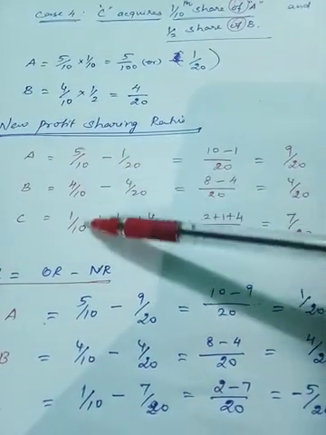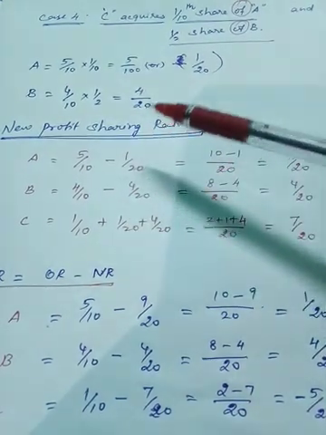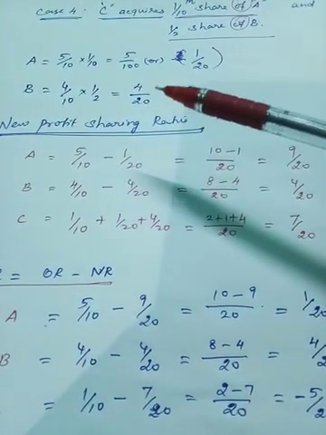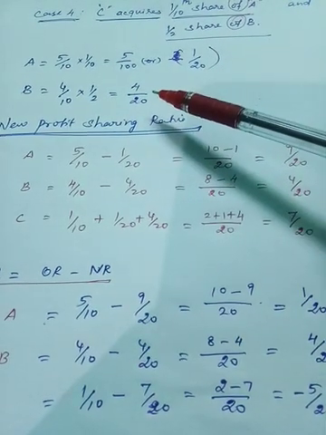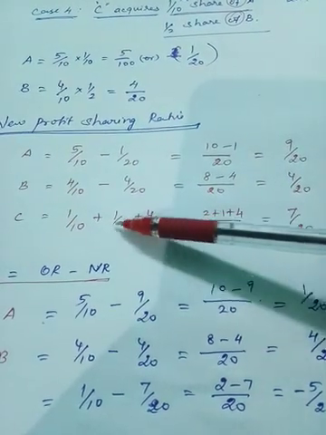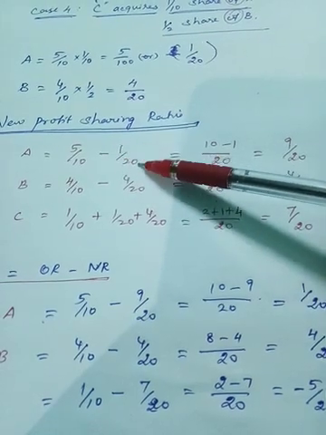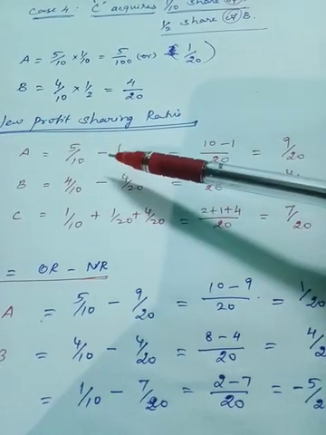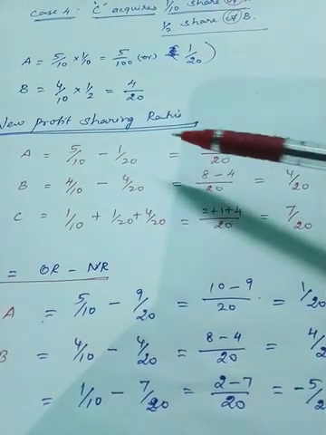Then finding the new profit sharing ratio. First write the old profit sharing ratio. C acquires, so A sacrifices 1 by 20 plus B sacrifices 4 by 20, you add back to C's profit sharing ratio, then subtract A's sacrifice 1 by 20 from A's share, and B's sacrifice 4 by 20 from B's share.